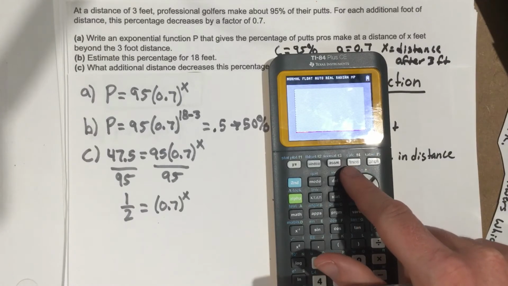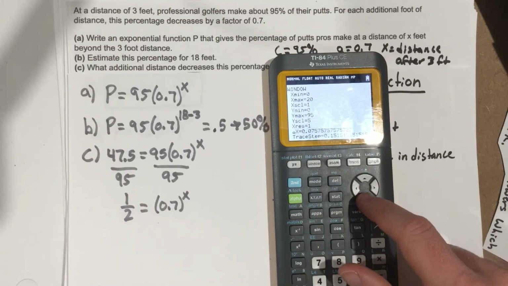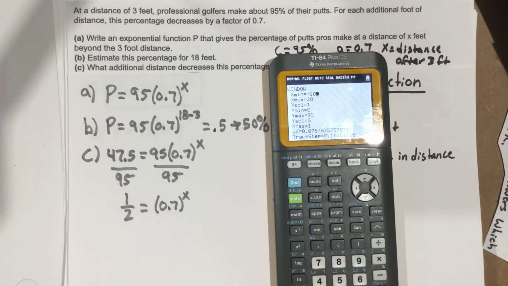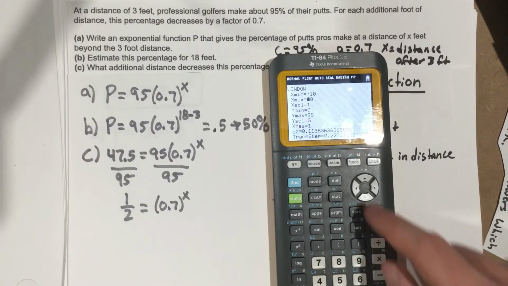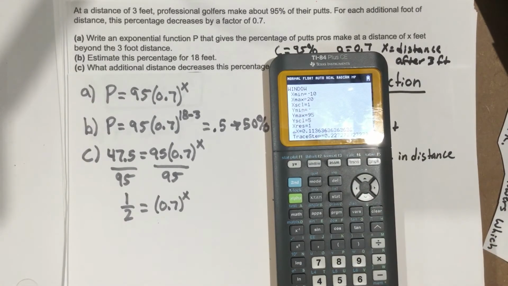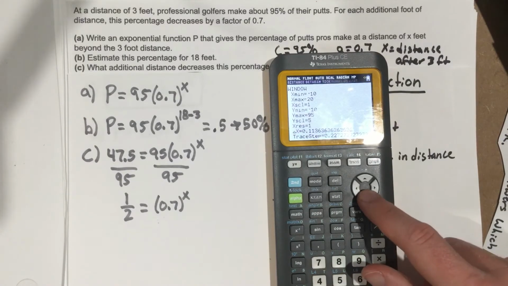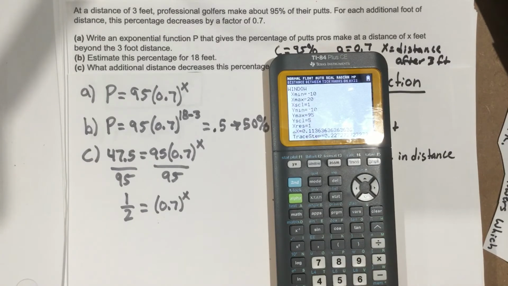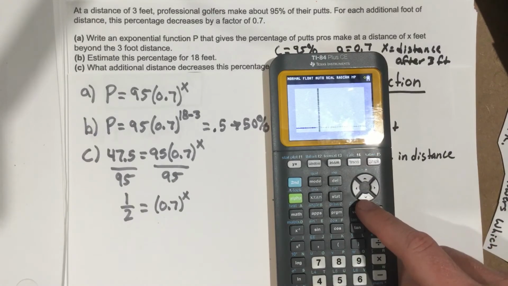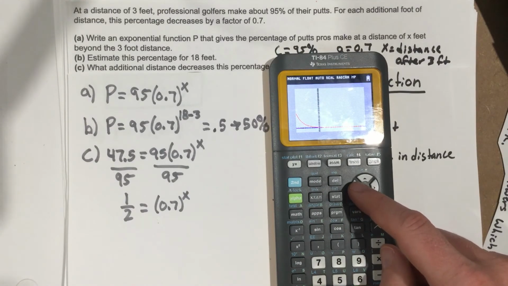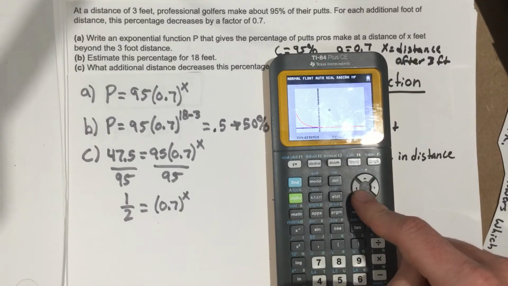It's still not showing us what we want there, so I'm going to go to window, negative 10 for the X min, negative 10 for the Y min, and let's go up in the Y's by ones. Okay, now we're getting a little closer here. You can see that they're going to intersect somewhere, and that's where we want to look.